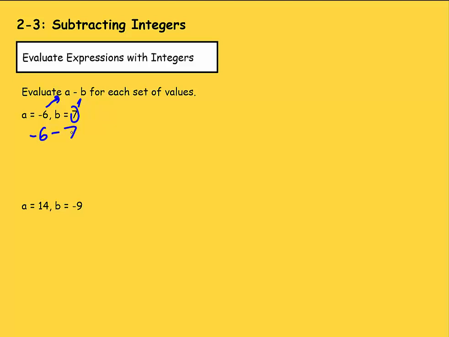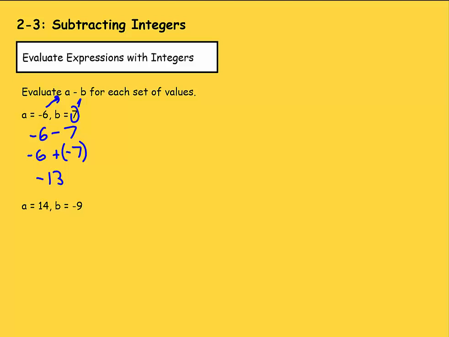We're going to follow that same rule that we did last slide, where we were adding the opposite. So we still have this negative 6, but we're adding instead of subtracting, and then the opposite of positive 7 is going to be negative 7. If you remember our rules, these are both negative signs, meaning that we're adding their absolute values, which gives us 13. 6 plus 7 is 13. Then we keep the sign as negative.